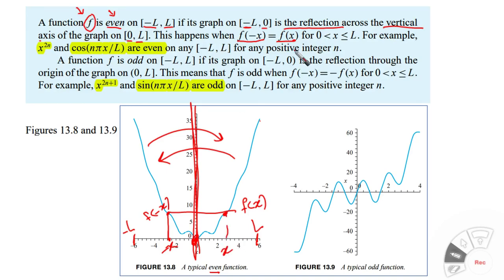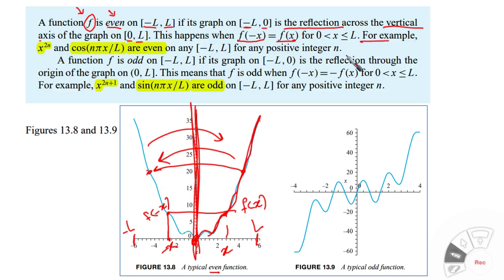So we have the same value for x between 0 and L. For any point on this part, if it has another value that is reflected on the vertical axis, then we say that this is an even function.